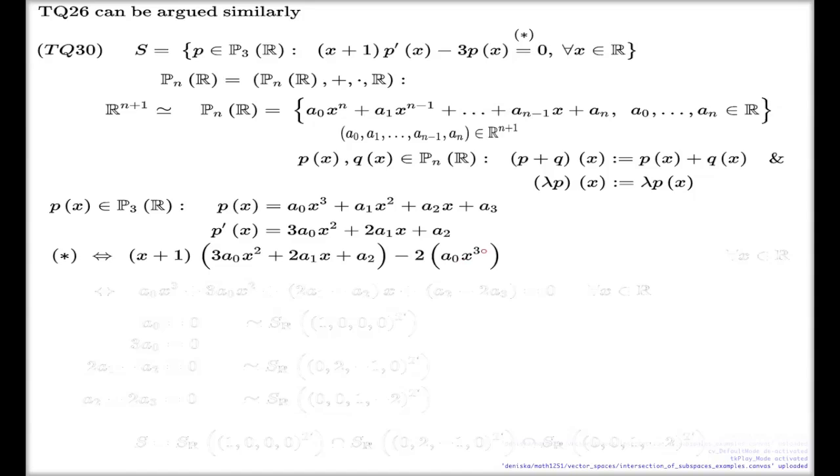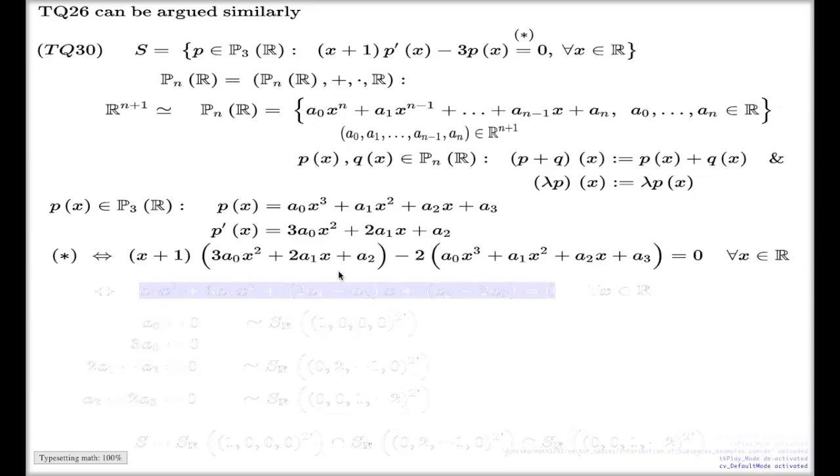Well, I made a typo, right? Here's my substitution for the p. And so my asterisk condition should be satisfied for every x. So basically that's my asterisk condition now in explicit form. As you observed, there's a typo here: there's a 2 here, there's a 3 here.